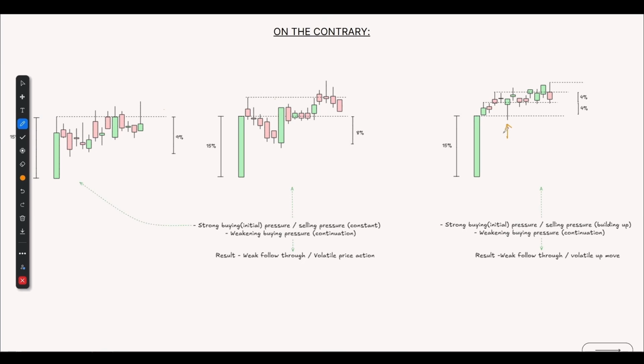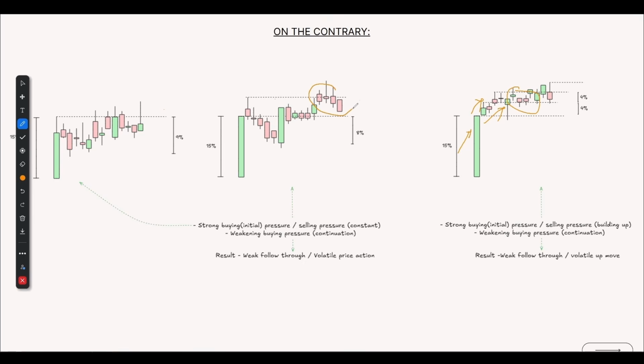in this candle. Now it again started to make a contraction range, but the highs were not being respected because it was going up, opening with a gap down, going up, closing below. When we see that after a good breakout, the buying pressure starts to weaken after a significant up move like this one, it means that the continuation buying pressure is not available, and this ultimately results in a volatile price structure.